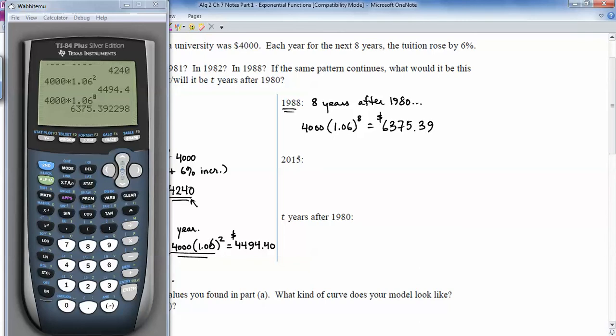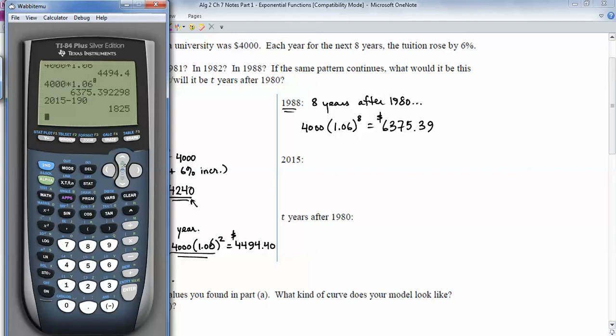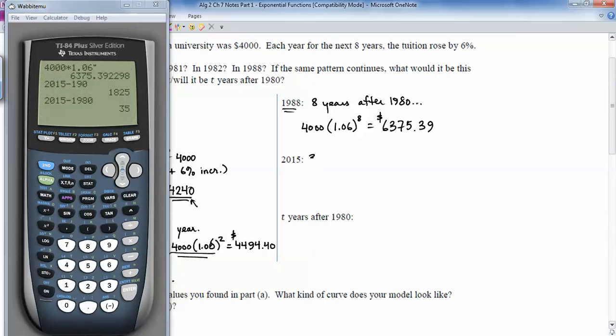Okay, 2015, let's see, 2015 minus 1980, that's going to be 35 years later. So 35 years after 1980.